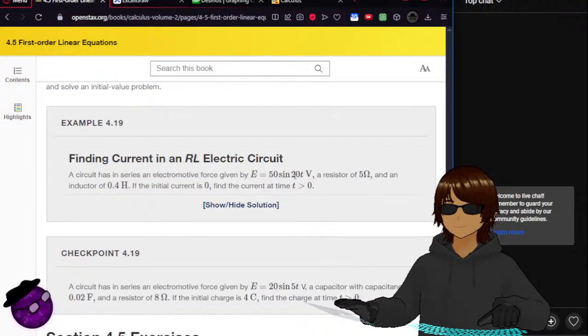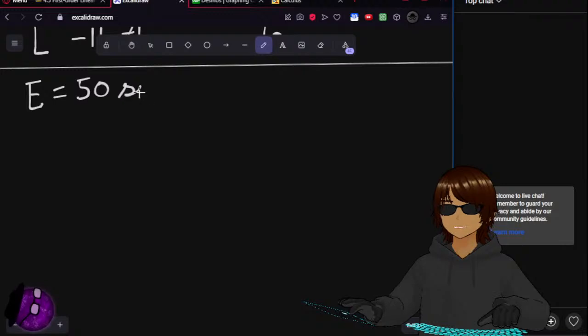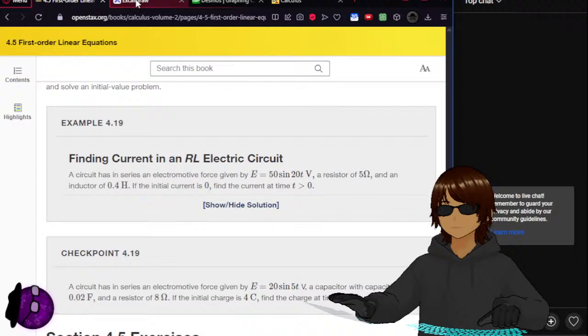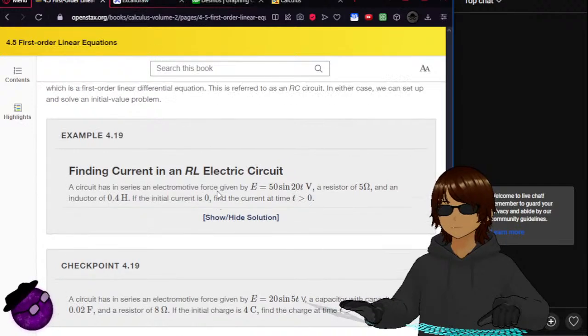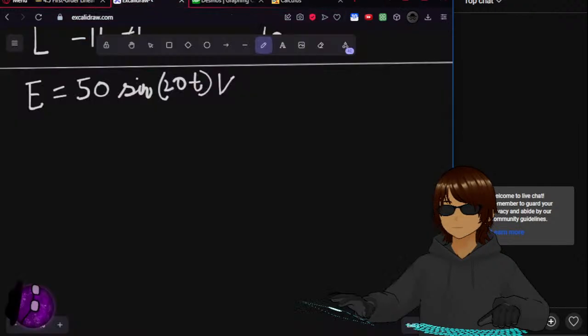E is equal to 50 sine 20t. A resistor of 5 ohms.